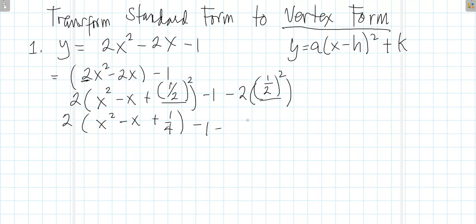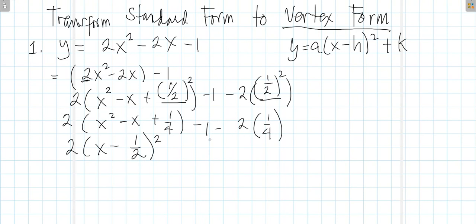Minus 1 minus 2 times 1/4. Then 1 times 1 is 1, 2 times 2 is 4. So this is now factored: x minus 1/2 squared.